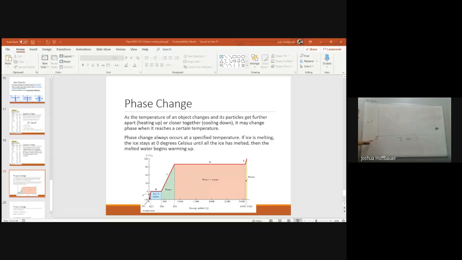So that's what this origin point is. Now, at that origin, as you begin warming up, the object is going to be in solid state, because that is the phase that most objects are in when they are at their coldest.